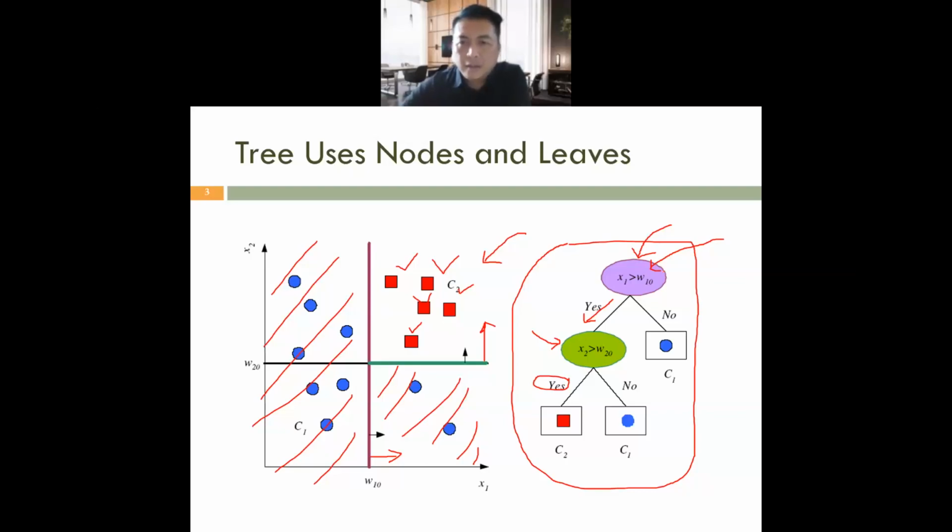Okay, if we have two, like for example, x1 is greater than w10 and x2 is greater than w20, so this is multivariate, two variables. Okay, but for this example, this is univariate.